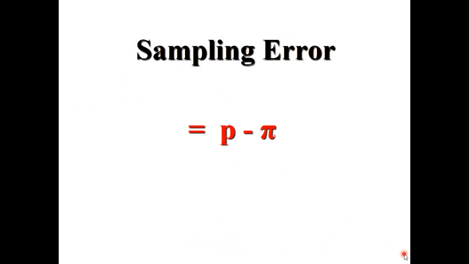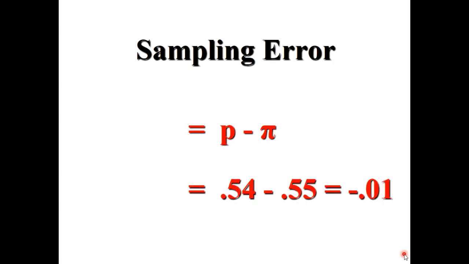It's the amount that P is off as an estimate of pi. In this case, we subtract pi from P and find that the sampling error is negative 0.01. This is how much P is off as an estimate of pi.